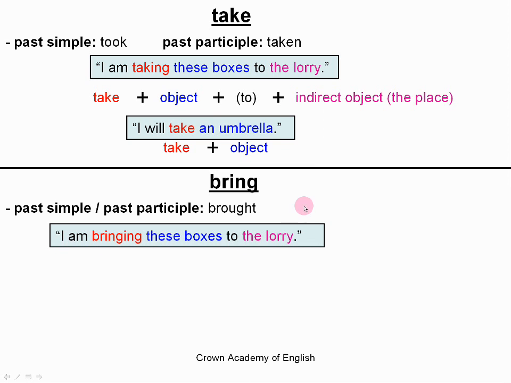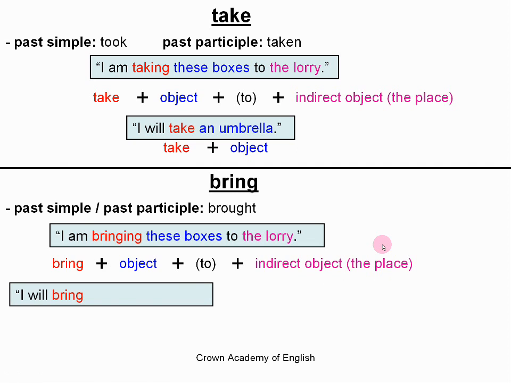This is the first one. The example sentence is, I am bringing these boxes to the lorry. So the verb bring, then the object, then the word to, and then the indirect object.